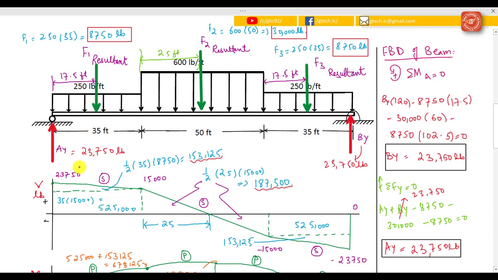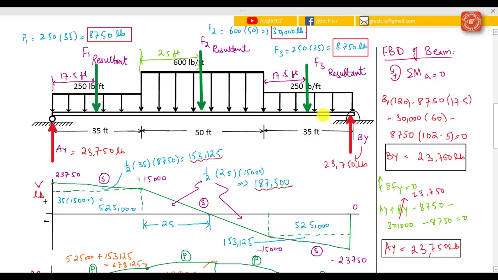So 23,750 minus 8,750 pounds would become equal to plus 15,000. Then move to the next part of the beam, that is the F2 resultant force, equal to 30,000 pounds. So plus 15,000 minus 30,000 pounds would become minus 15,000, and we move to this point and simply draw a straight line here and a straight line there too.